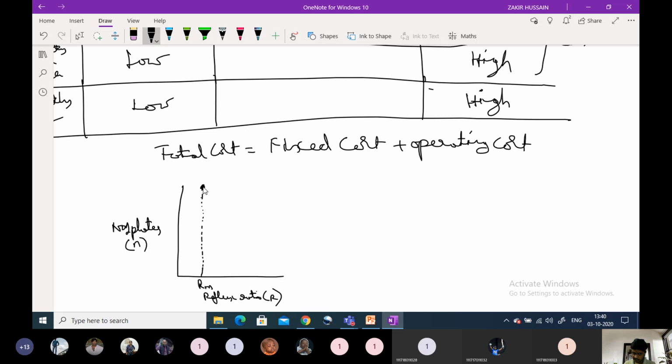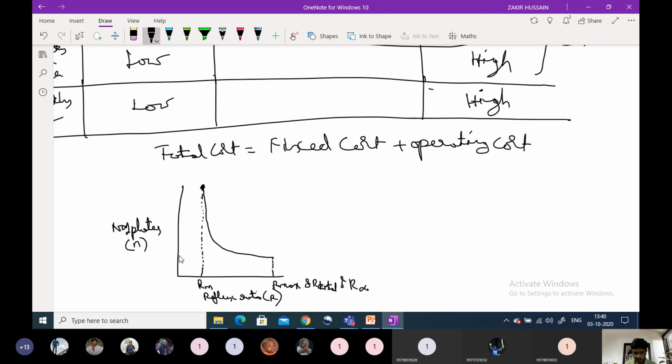If you continue to increase the reflux ratio, what will happen? As the reflux ratio increases, the plates will decrease. So the number of plates required will decrease, decrease, decrease, like this it will go. This is the maximum reflux ratio, or total reflux, R total, or R infinity.